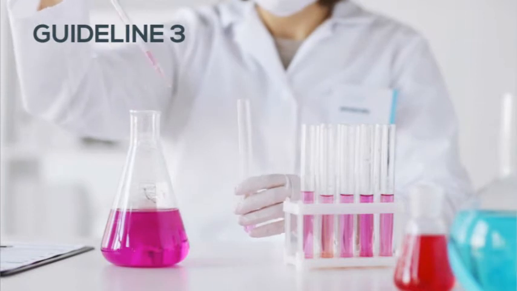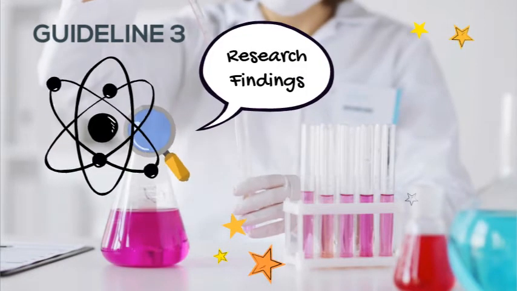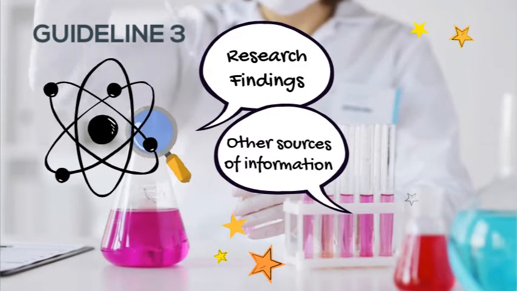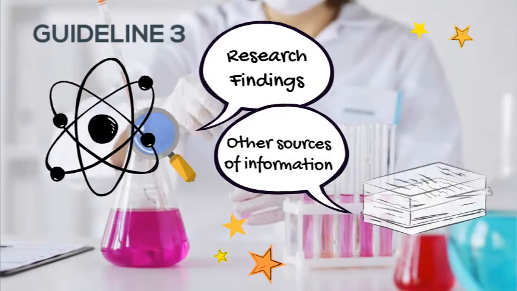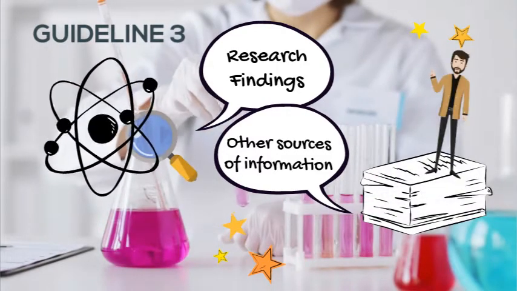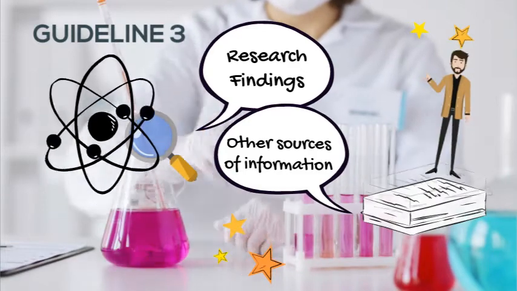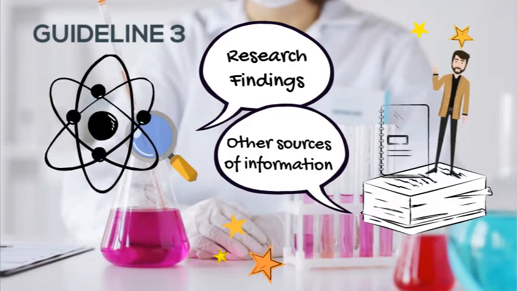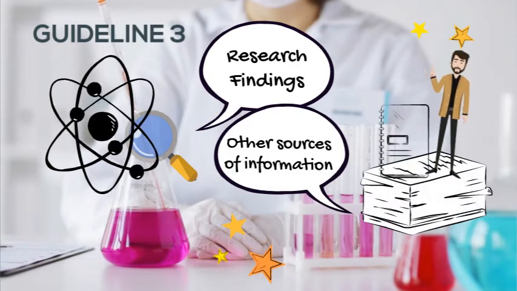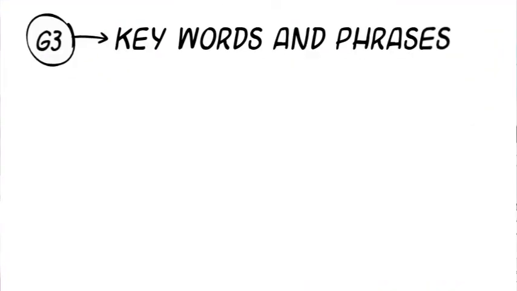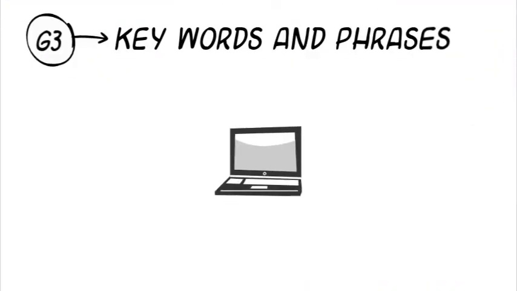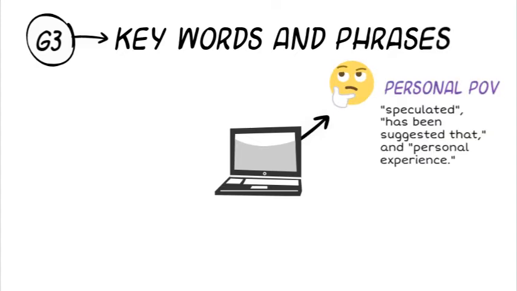Guideline 3. Distinguish between research findings and other sources of information. Be clear when presenting research findings. You'll want to distinguish between personal opinions, anecdotal evidence, and research. Here are some key words and phrases that indicate personal points of view, such as speculated or has been suggested that.